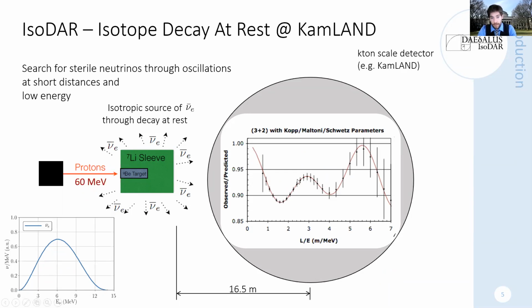So here is a prediction for a curve with two sterile neutrinos with parameters that were published in this paper. So you can see this is a really nice experiment that would be decisive within 5 years of running, and give us a lot of insight about sterile neutrinos and whether or not they exist.